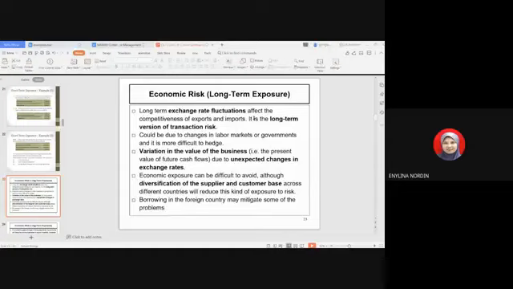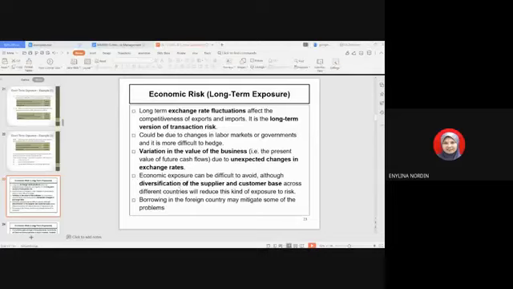Okay, so the long-term exposure is actually a long-term version of the transaction risk, right? The risk here may be due to changes in the labor market or government changes, maybe political changes, policy, and so on.